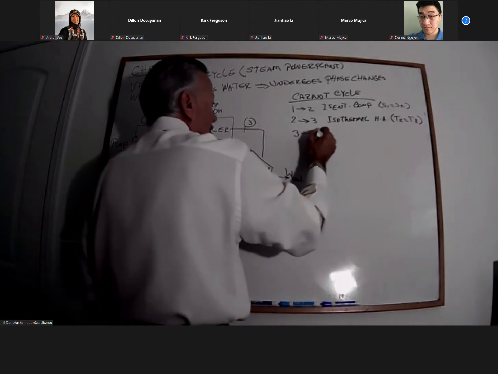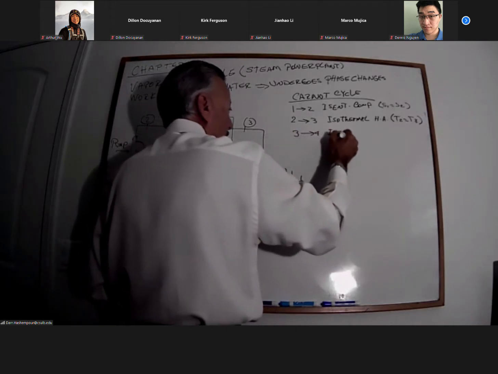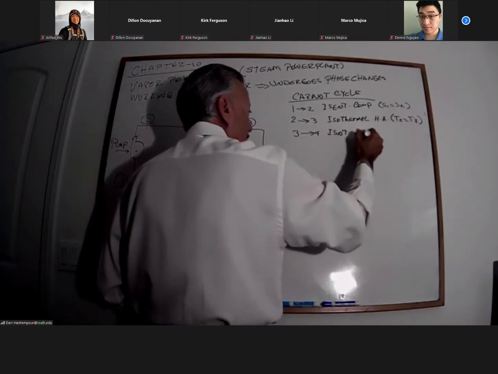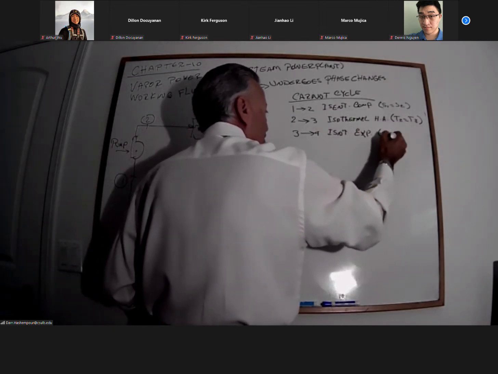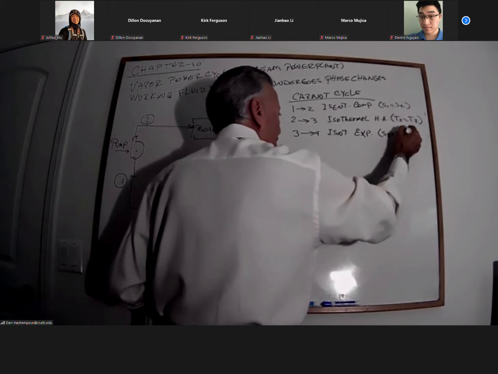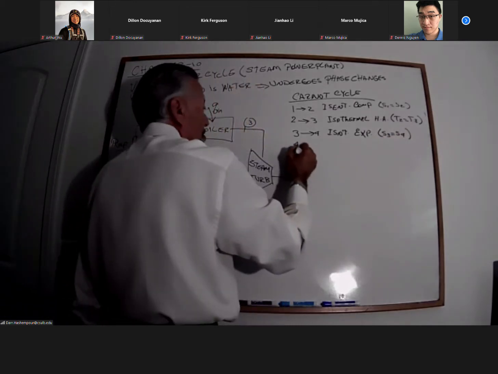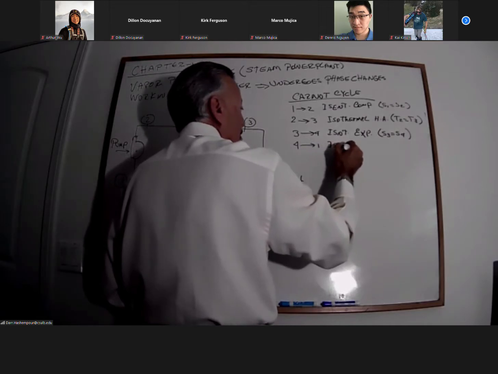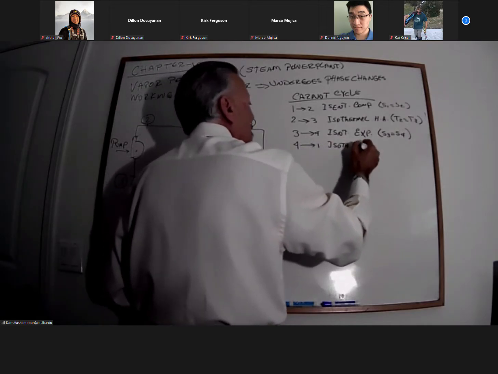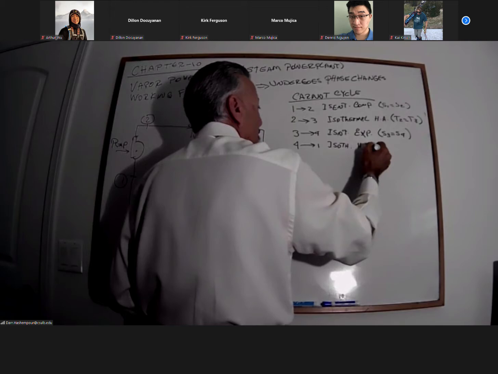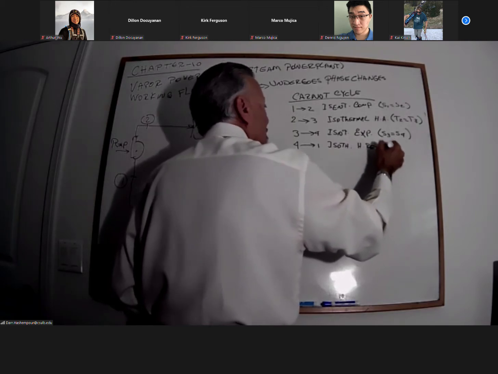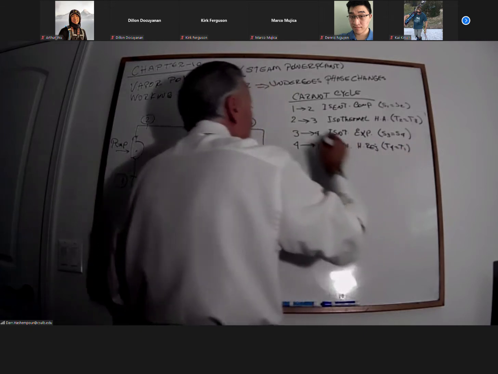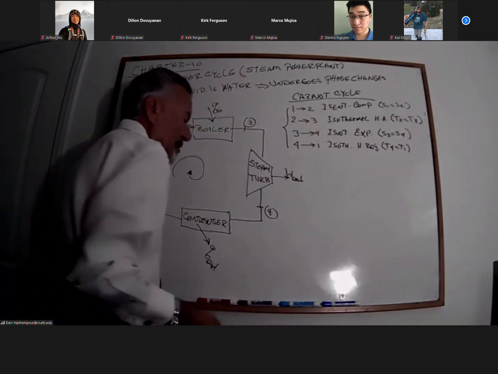Process 3 to 4, once again, is isentropic expansion, S3 is equal to S4, and process 4 to 1, again, is isothermal heat rejection. That's T4 equal to T1. These are the 4 processes.